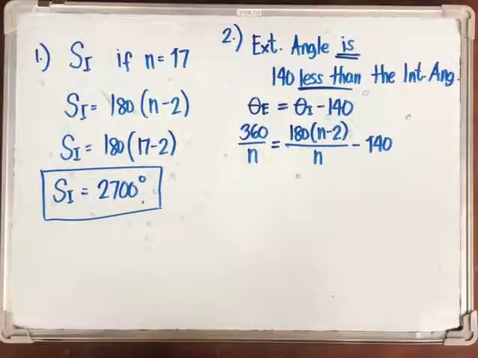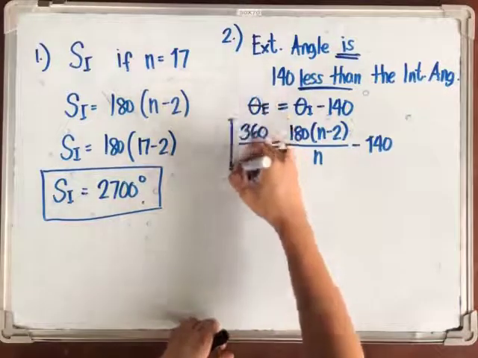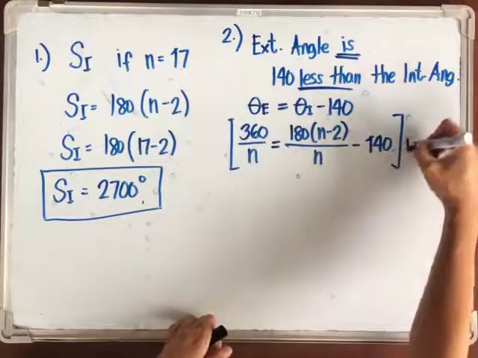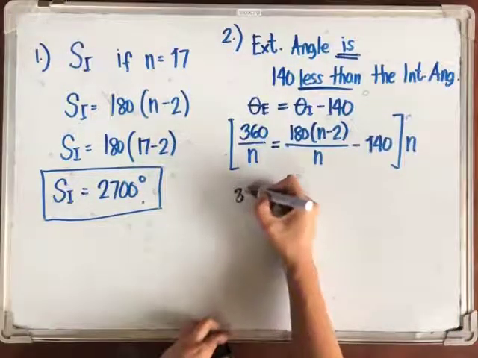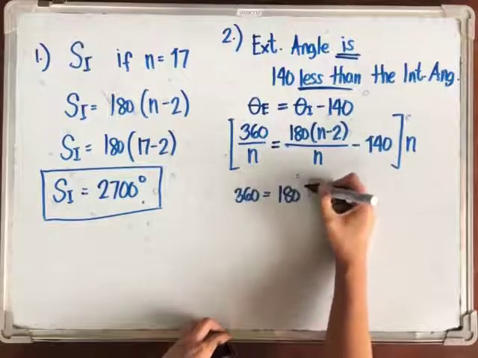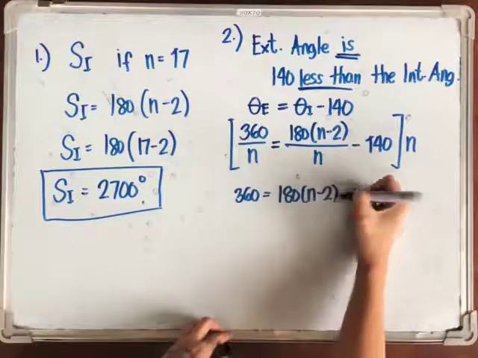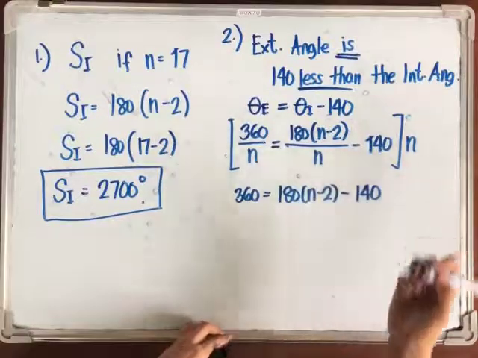Okay? So, assume natin na yung calculator nyo hindi na makapag-shift solve, edi balik tayo sa basic pag-compute ng mga equations. Okay, multiply everything by n to remove this one here. We have 360 is equal to 180 times n minus 2. Ka-cancel yung n sa baba, minus 140.